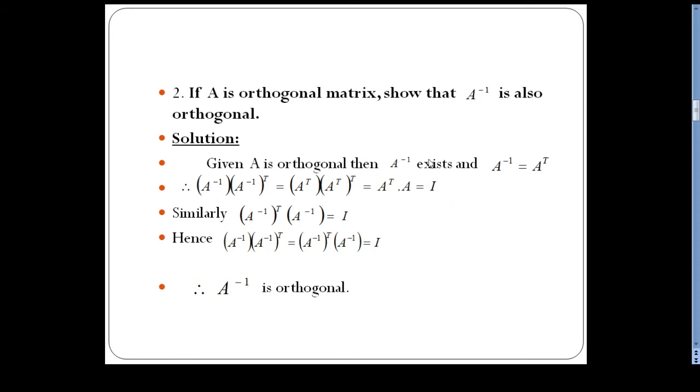That is nothing but I. Similarly, A inverse whole transpose into A inverse is equal to I. By comparing these two equations, A inverse into A inverse whole transpose is equal to I. Therefore, A inverse is orthogonal.